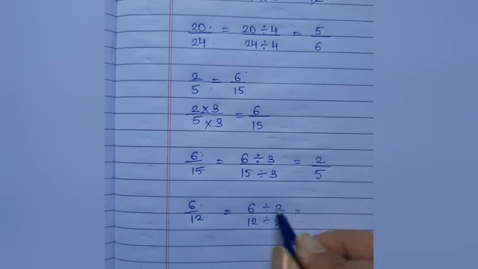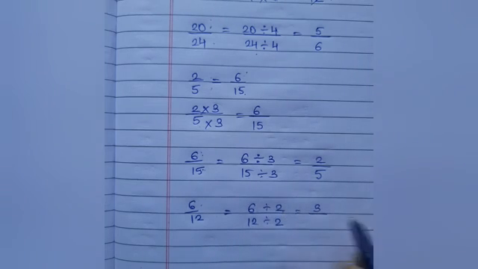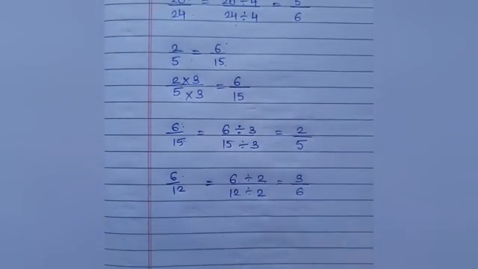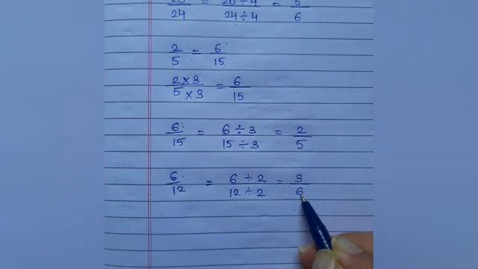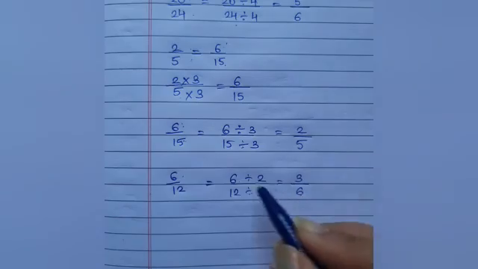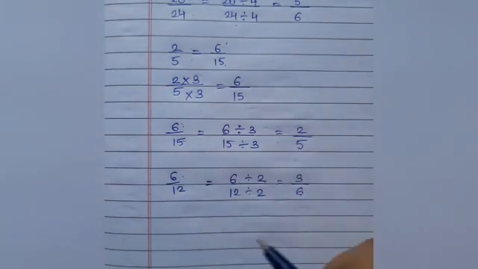The value will be 6 divided by 2 is 3 and 12 divided by 2 is 6. So here we have an equivalent fraction, 3 upon 6, equivalent to 6 upon 12.